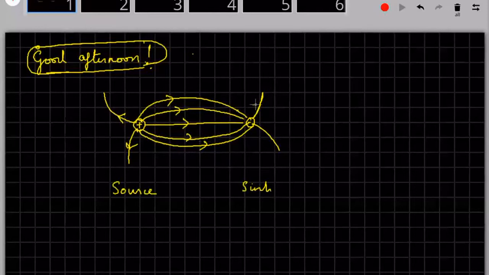All the time I kept telling you that the equipotential surface will be perpendicular to the field lines.